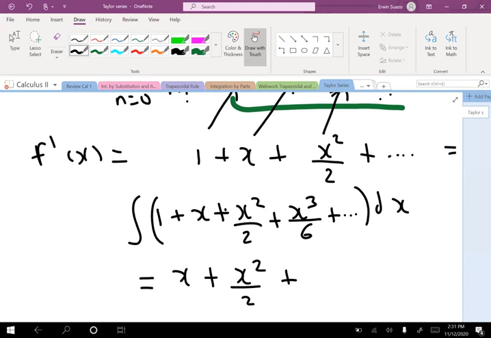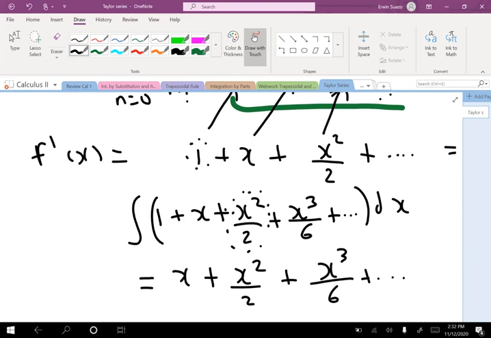And then the integral of x squared, what is the integral of this one? x cubed over 6. So somehow I'm getting my exponential back, right? The only thing is that I don't have this 1, but we'll see what is happening. So that is the next theorem I'm going to show you.